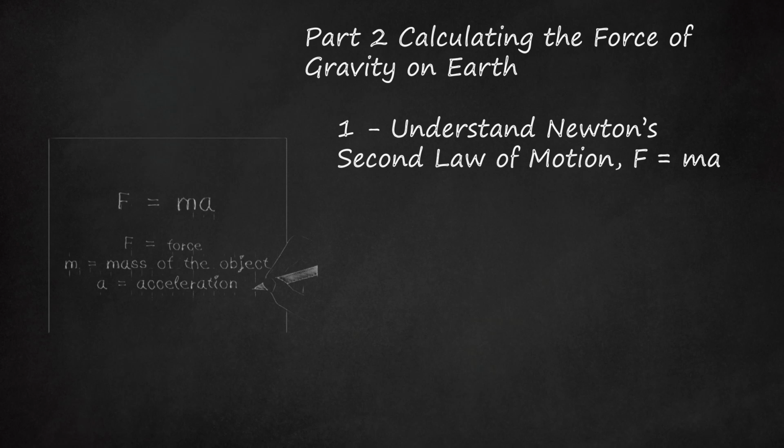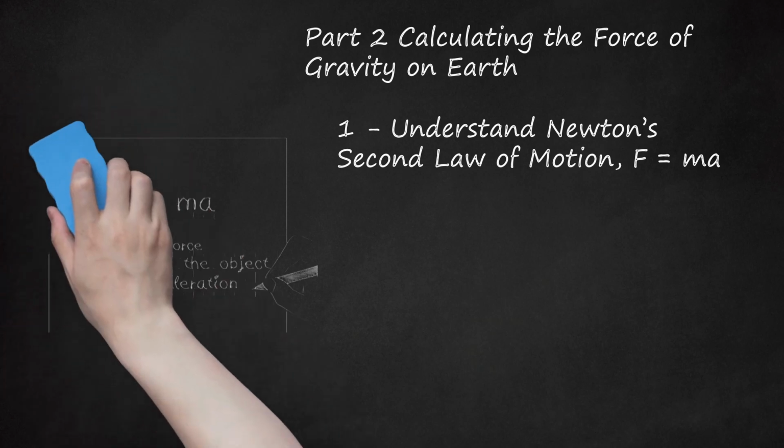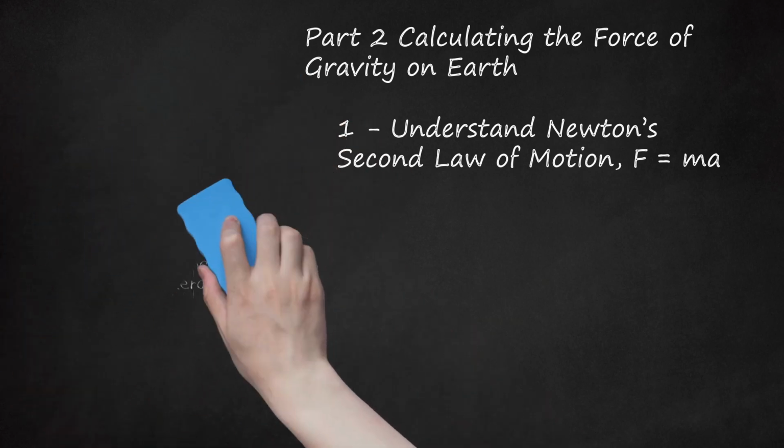In other words, if a force is acting upon an object that is greater than the forces acting in the opposite direction, the object will accelerate in the direction of the larger force. This law can be summed up with the equation F equals ma, where F is the force, m is the mass of the object, and a is acceleration. Using this law, we can calculate the force of gravity of any object on the surface of the Earth, using the known acceleration due to gravity.